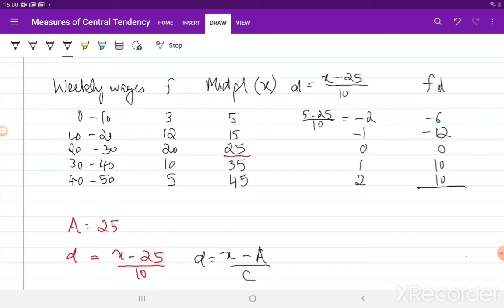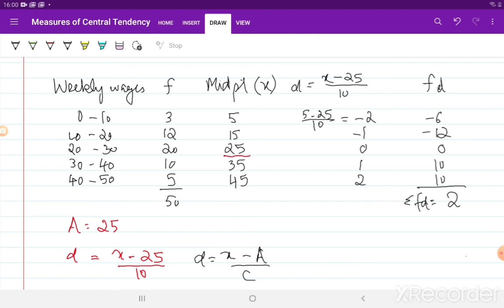So my summation fd is equal to just 2. Such a small number, right? And of course, summation f is 50.